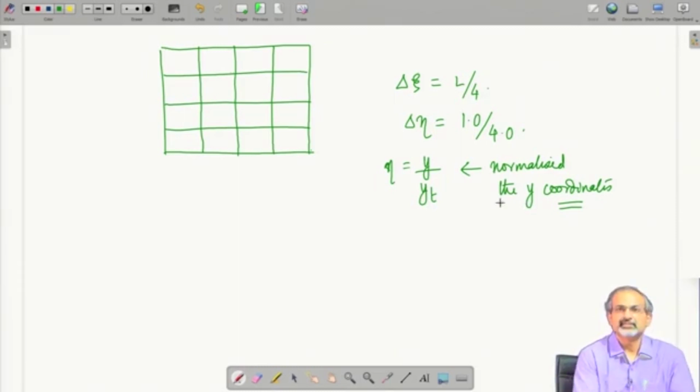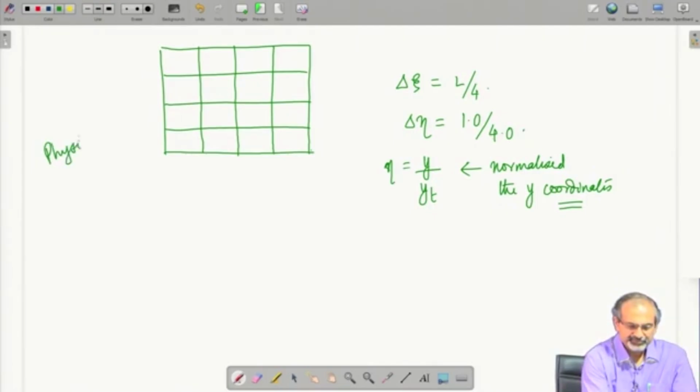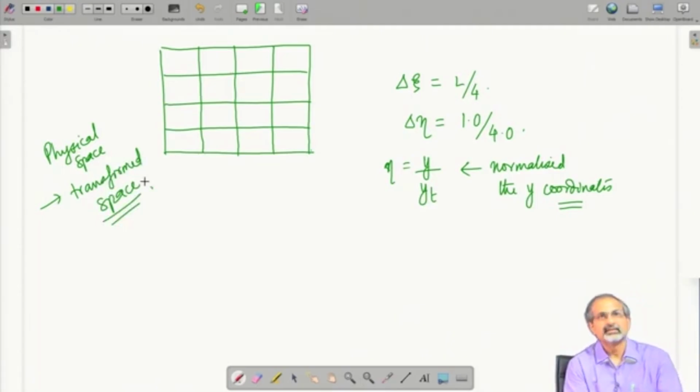So, this is the first instance which shows that you can look at the grid both in the physical space as well as a transformed space. Very often in the grid generation world, especially in the structured grid generation world, we tend to solve the problem by taking it to a transformed space.